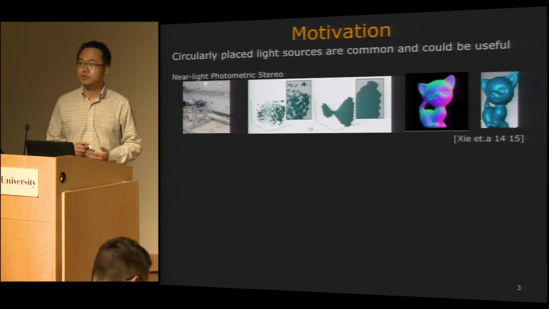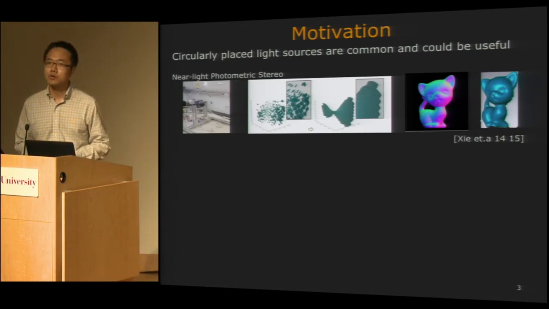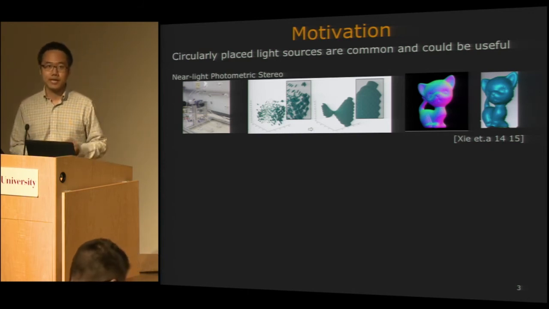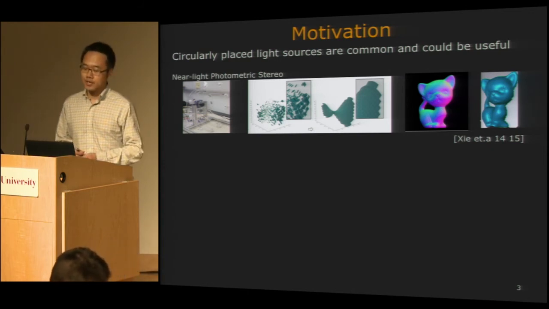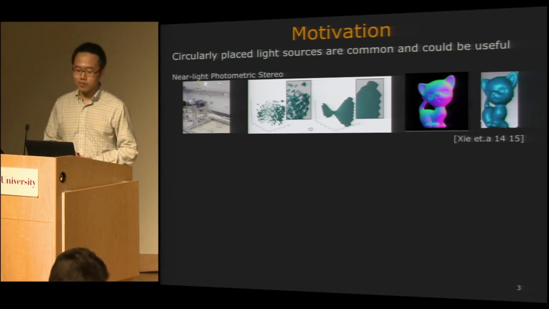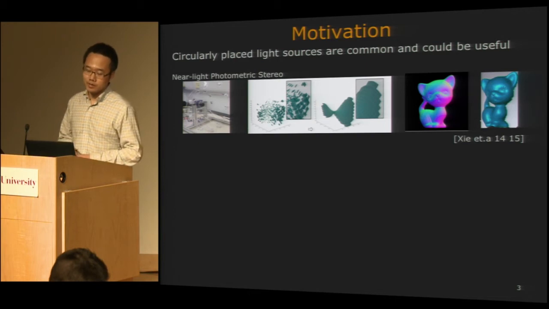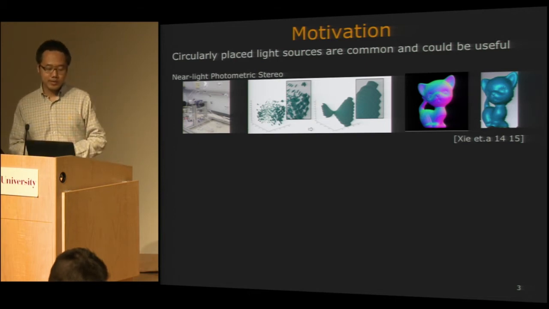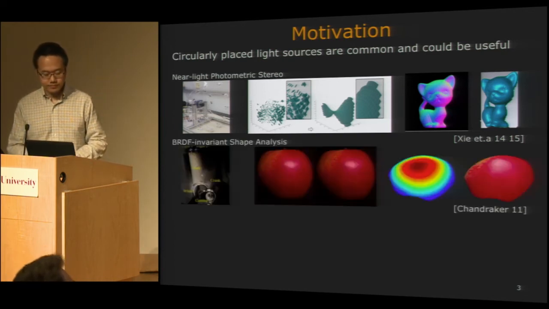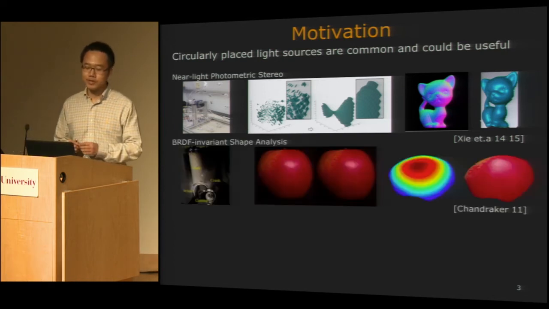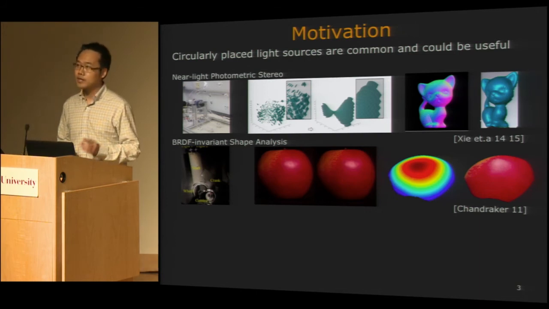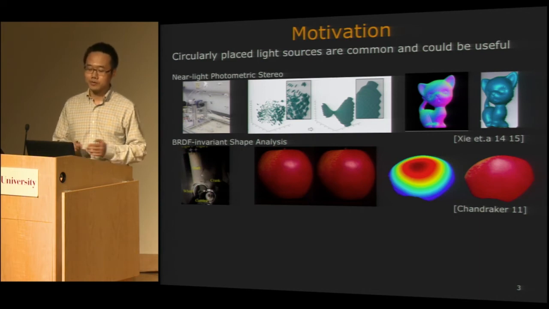Those light sources could be very useful if we have control over the light source position, either by turning the LEDs on and off at different positions or by changing the lighting position mechanically. For example, if the point light source is placed very close to the object, then by using near light photometric stereo, we can reconstruct the shape of the object. If the point light source is far away from the object, then we can assume the incoming light rays are parallel to each other.